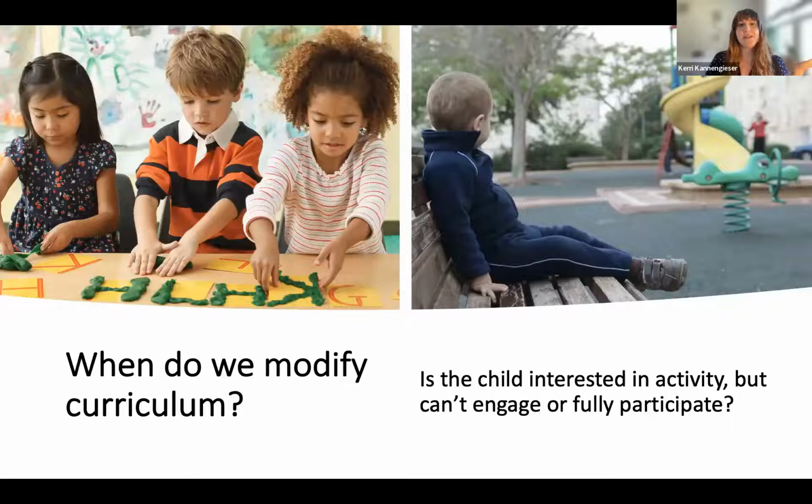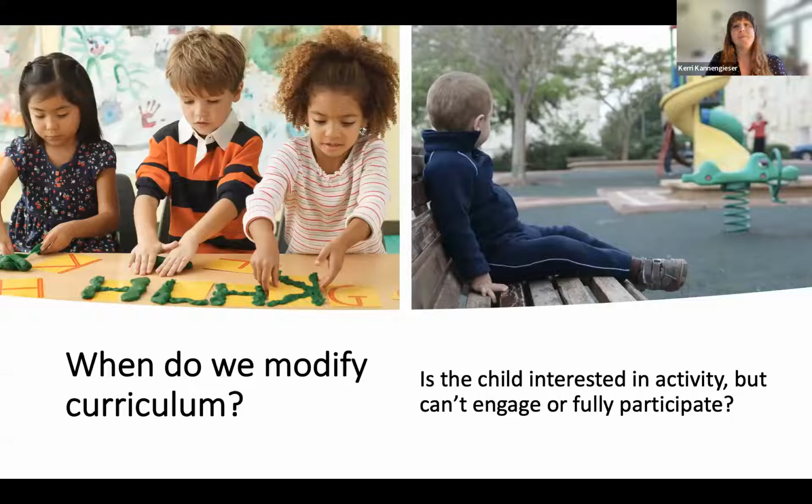And when do we do this? Well, we really need to ask ourselves, is the child interested in this activity, but maybe they can't engage or fully participate? And this might be where we see a kiddo who is kind of watching off to the side, or maybe they get to circle or some other whole group activity, and they're kind of there for a little bit, but then they really can't stay engaged and be part of the whole group.